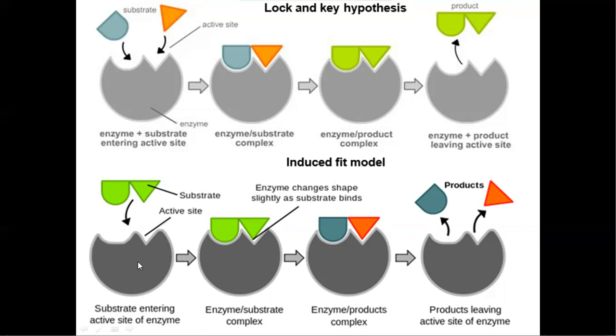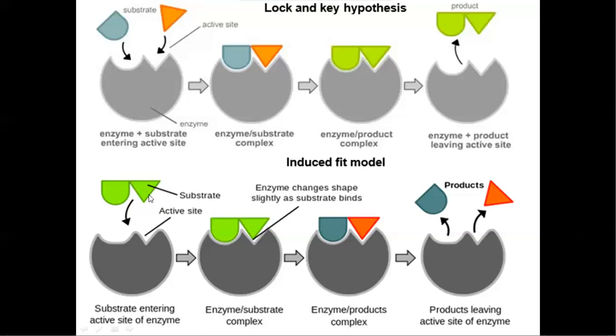That means the shape of the active site changes according to the shape of the substrate. So a specific substrate induces a precise conformational change in the active site of the enzyme.